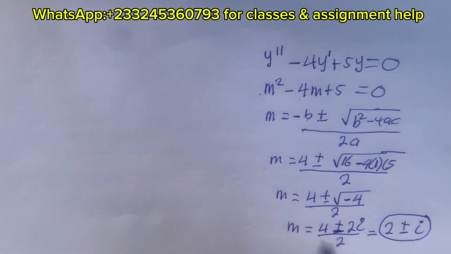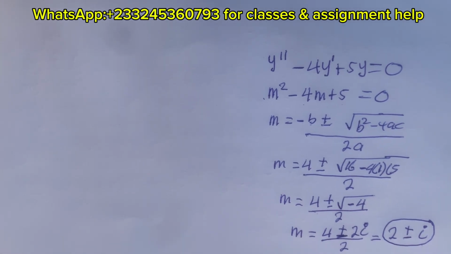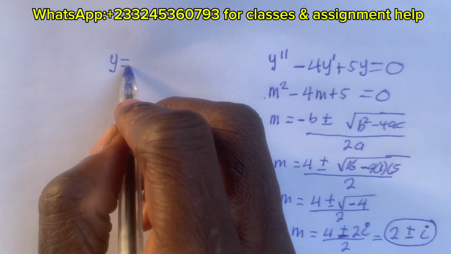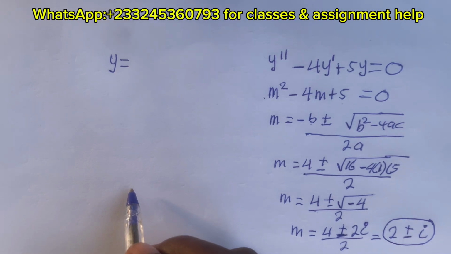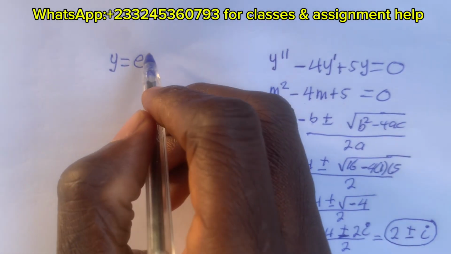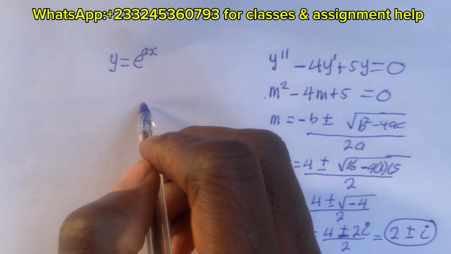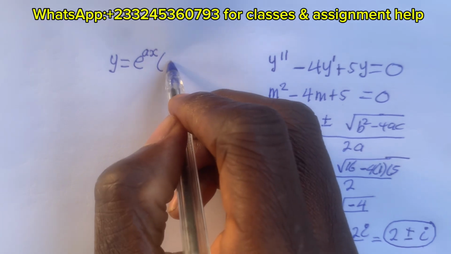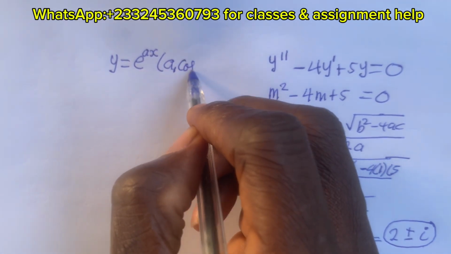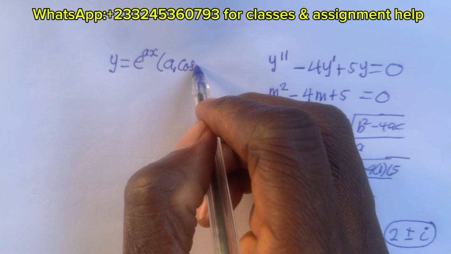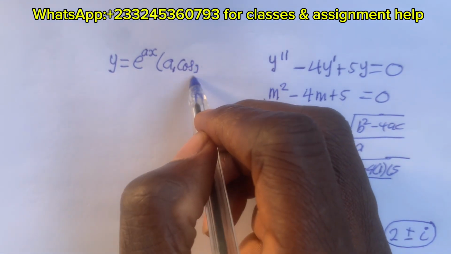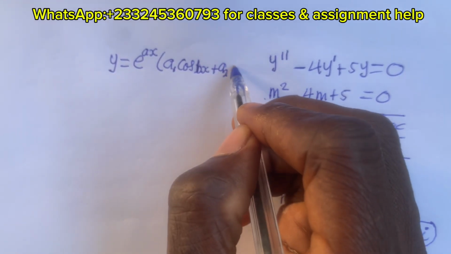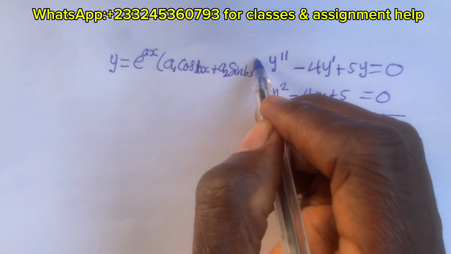So we take our general solution as y equals, this is what we're going to have, the cosine and the sine. So we have e to the power ax into a1 cosine of bx plus a2 sine of bx.